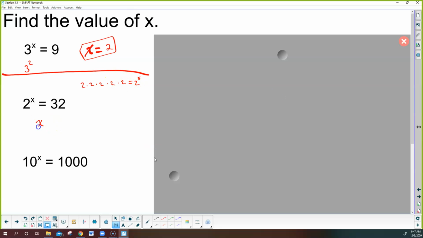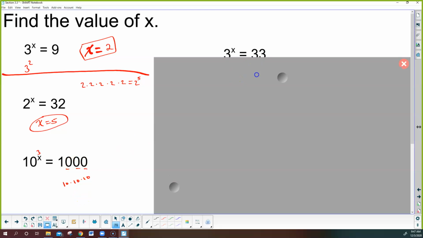And we know our powers of 2, so through guess and check, we knew the answer here is x has to be 5. And then same thing here, kind of a quick way to do anything with base 10 is how many zeros does it have? If it has 3 zeros, it's 10 to the 3rd power. Why? 10 times 10 times 10 is 1,000.